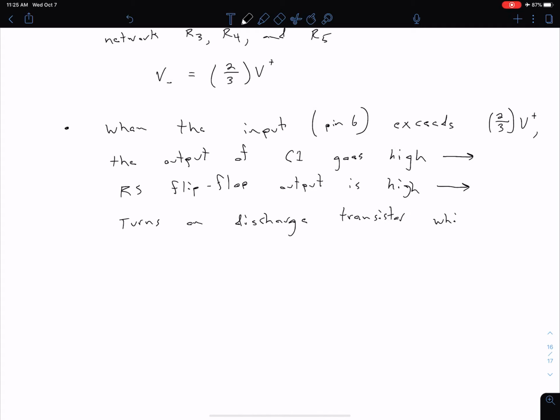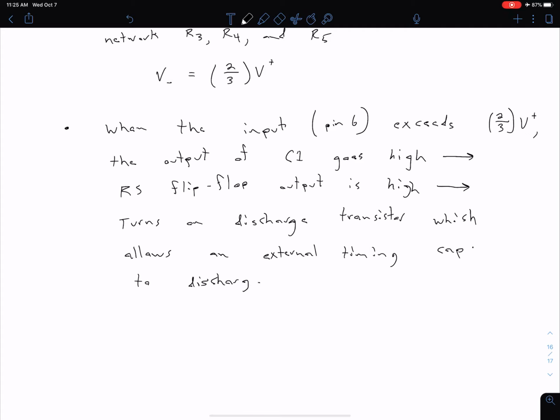So it turns on the discharge transistor, and what that's going to do is it allows an external timing capacitor to discharge to ground.